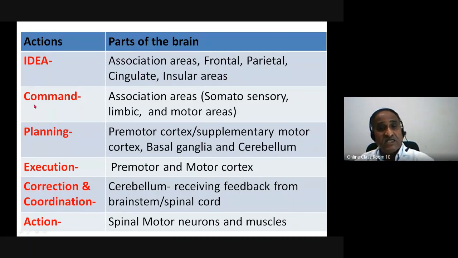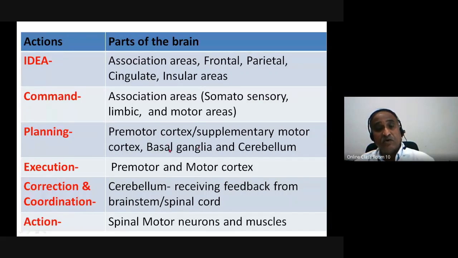So the idea is generated in the prefrontal cortex in association with the parietal areas, the cingulate areas, and the insular cortex. Now, this ideation becomes a command. That command it sends to the motor association area, and to various subcortical areas, the basal ganglia and the lateral part of the cerebellum, which provide planning and programming of the particular action.